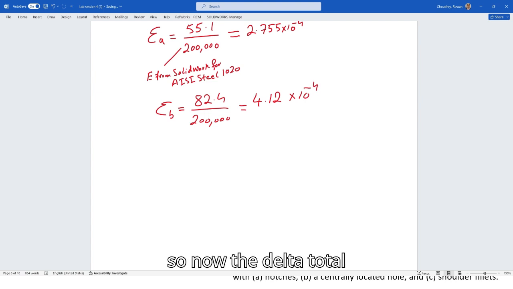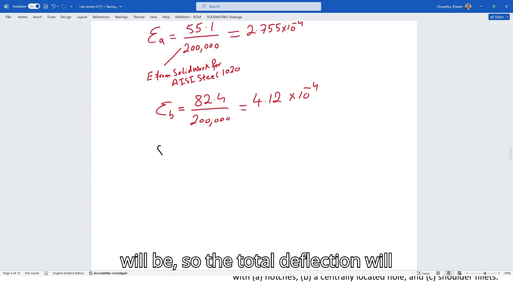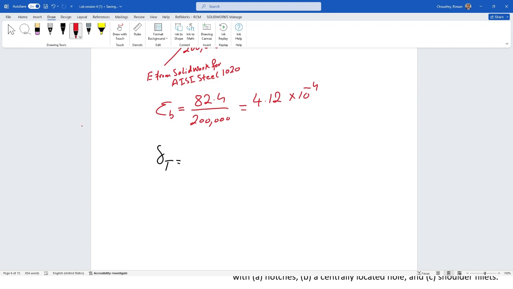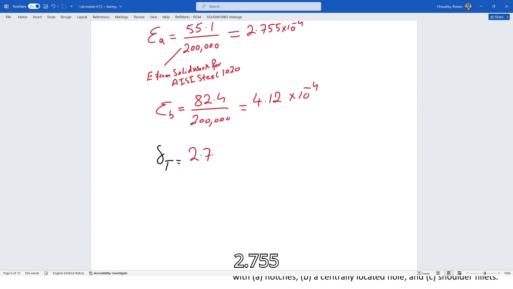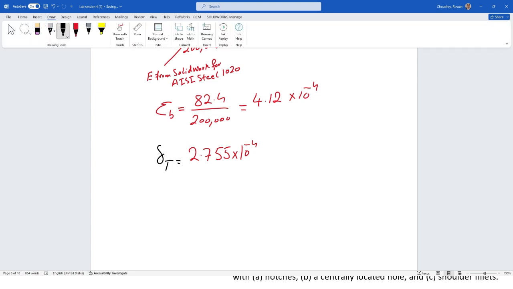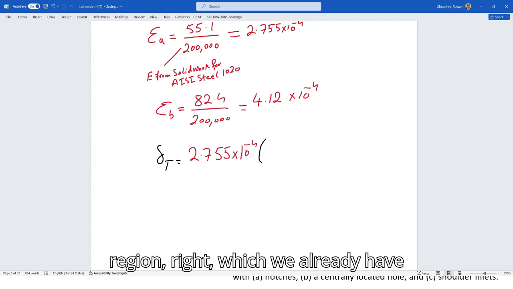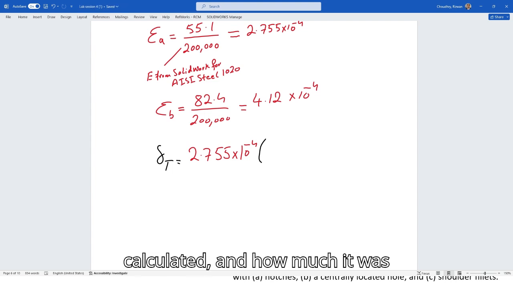Now the total deflection, delta total, will be the strain of A, which is 2.755 into 10 to the power minus 4, multiplied by the length of the A region, which we have already calculated.